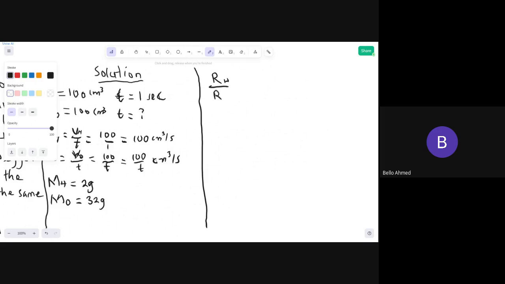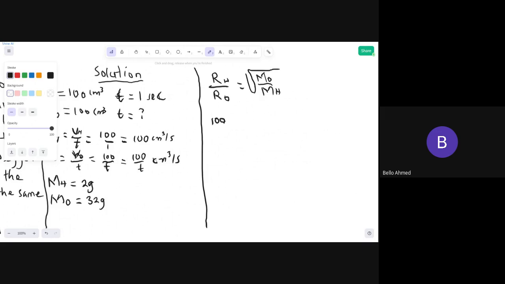So the rate of diffusion of hydrogen divided by the rate of diffusion of oxygen is equal to the square root of the molecular mass of oxygen divided by the molecular mass of hydrogen. This is very simple, since we are just going to substitute our values. The rate for hydrogen is 100, so I'm going to put 100.